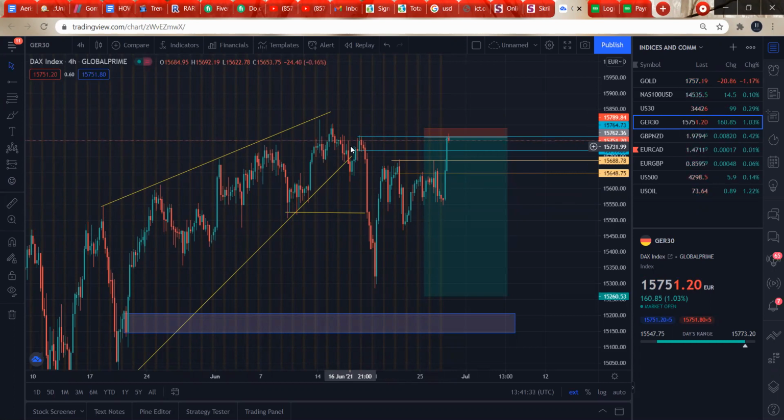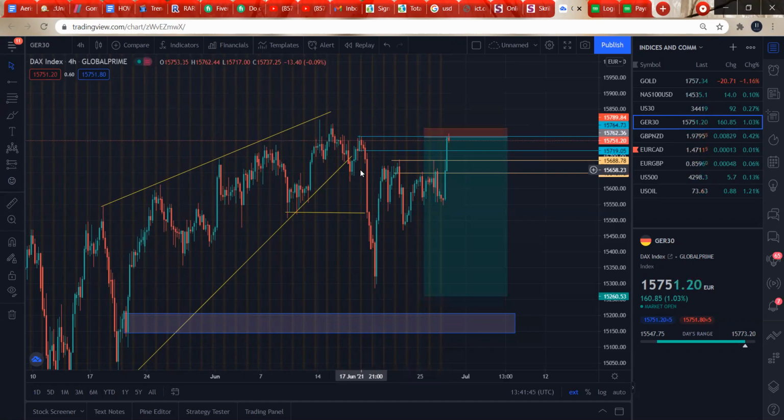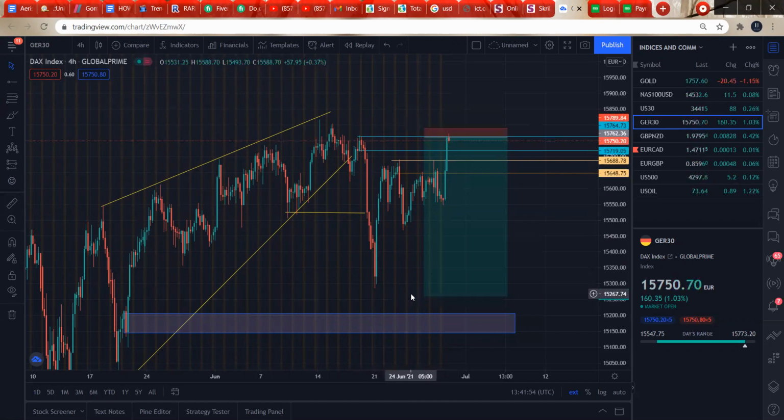It only gives me a minimum of 0.10, so 0.50 is 0.10 times 5. The stop loss is 15792, then the take profit is 15267. Then I go for sell, yeah. 15267.